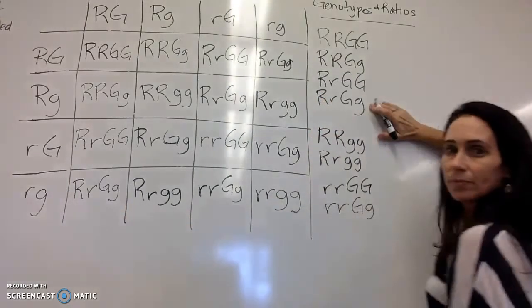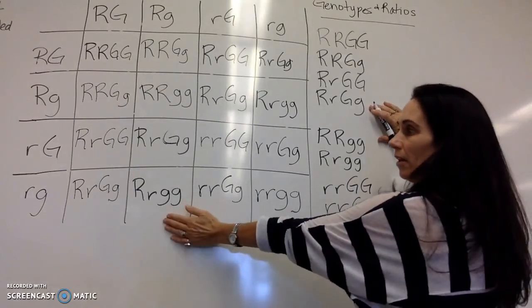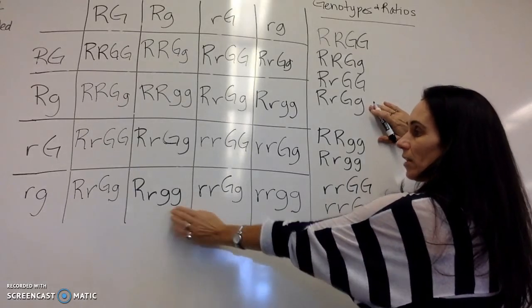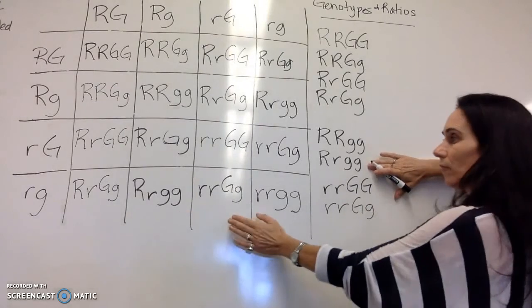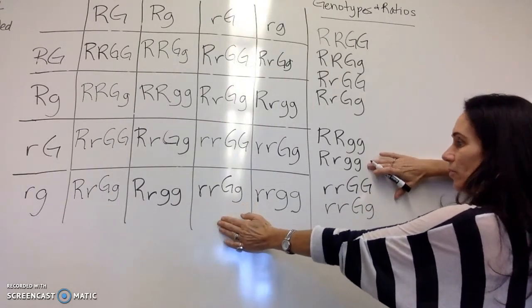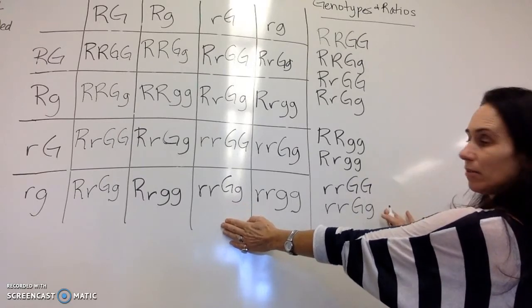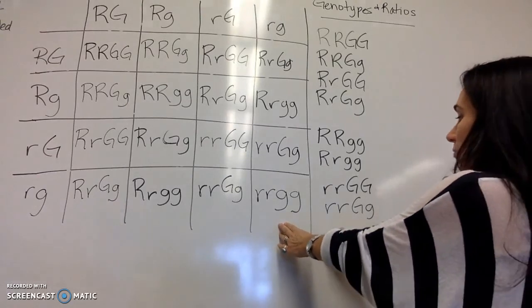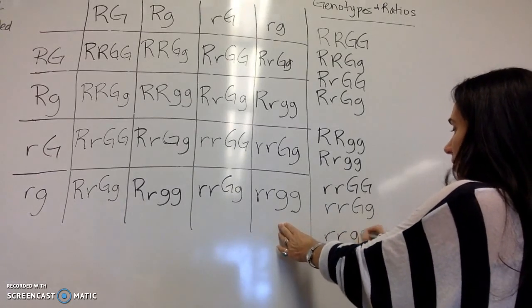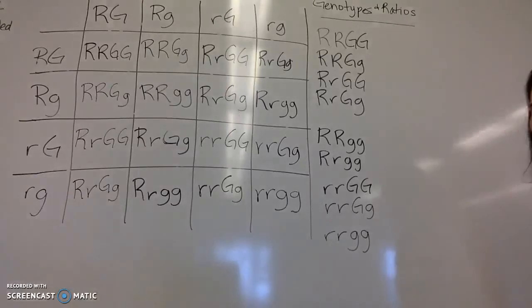Heterozygous for both, got it here. Heterozygous with homozygous recessive, got it right here. Homozygous recessive with heterozygous dominant, we've got it right here. And that leaves homozygous recessive for both characteristics here.